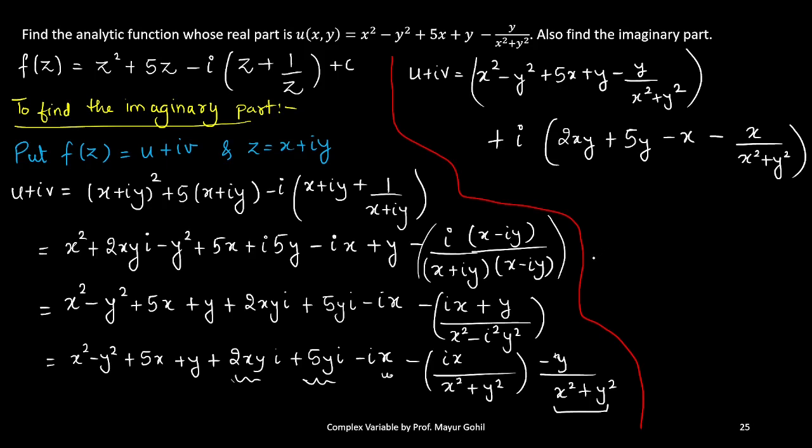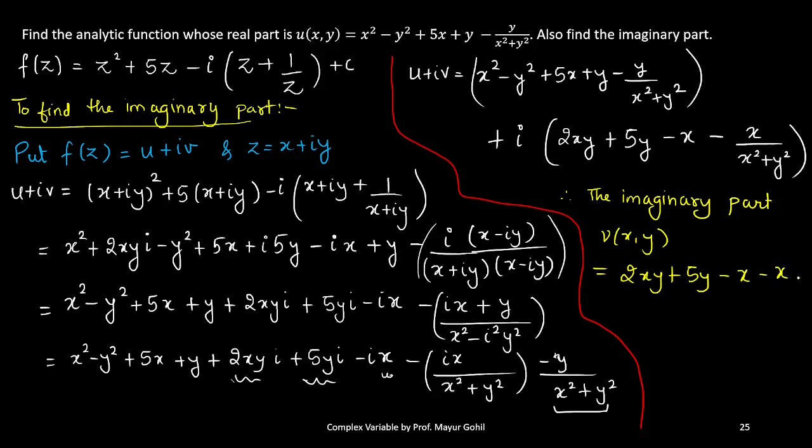That is the answer. So therefore the imaginary part v of x comma y is equal to 2xy plus 5y minus x over x square plus y square, okay.